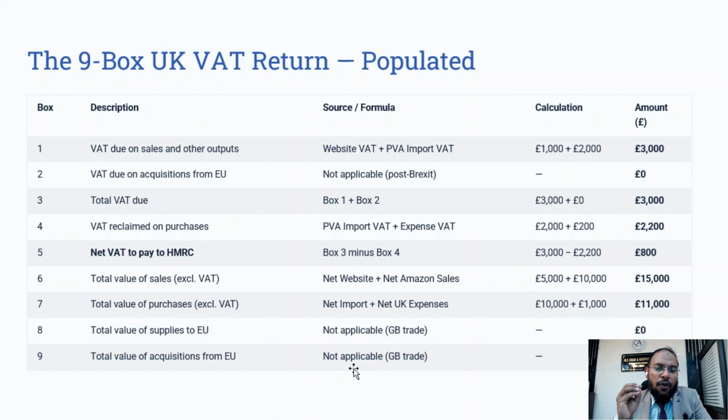So regarding box 4, VAT reclaimed on purchase. What we need to cover here is actual expenses. You know the logistic expenses you already did, so that is 200 pound. But for disclosure purposes, we already covered the import VAT in box 1, that is 2,000 pound, and the same we need to cover in box 4, because we are following postponed VAT accounting.